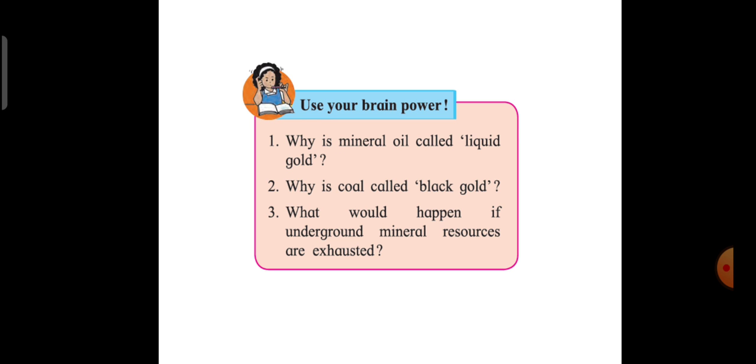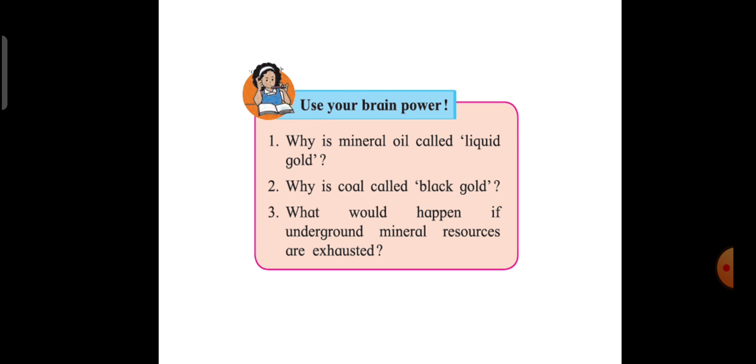Use your brain power. Why is mineral oil called liquid gold? We depend so heavily on mineral oil, the petroleum, isn't it? Day by day, the rate of petrol and diesel, these fuels, is increasing at such a high rate.